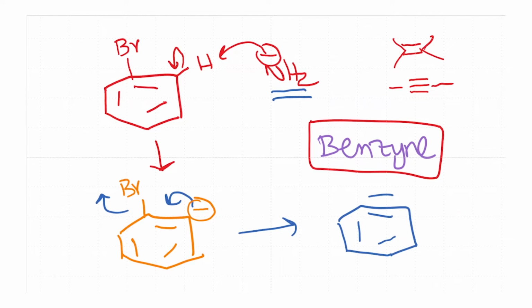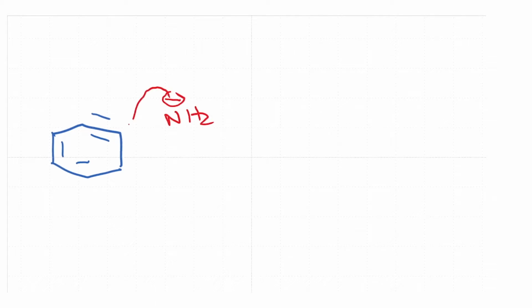So the benzyne intermediate is very interesting, and this benzyne can then further react with NH2 minus, and it produces the carbanion once again.